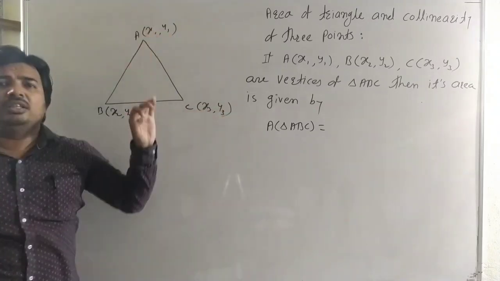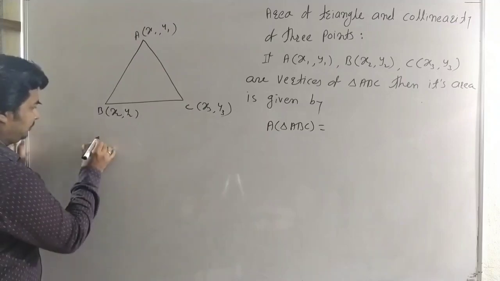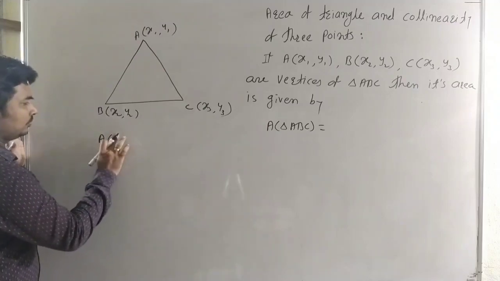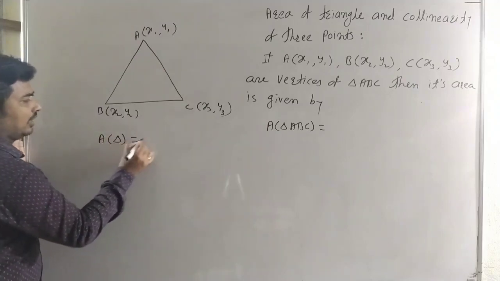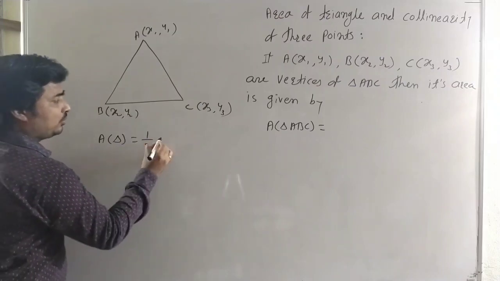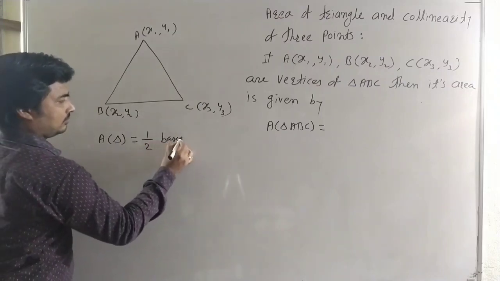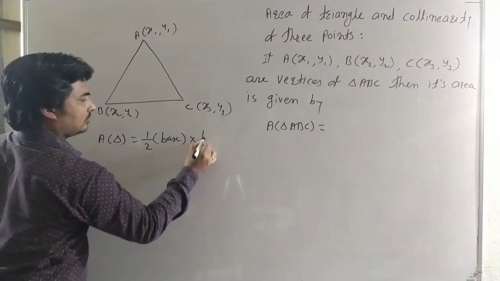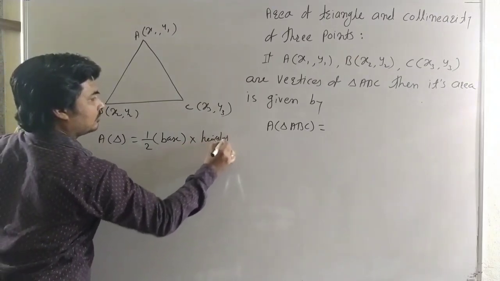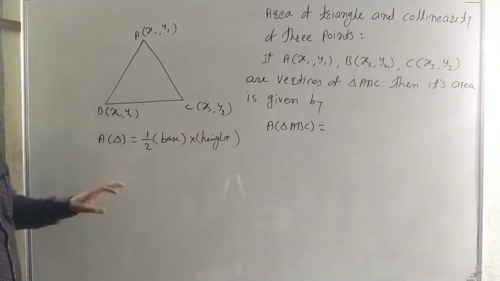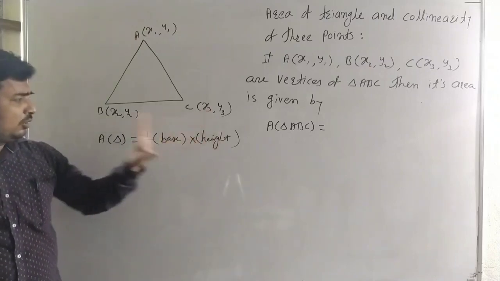Now we know that the area of the triangle is 1/2 base into height. Okay, it is well known.